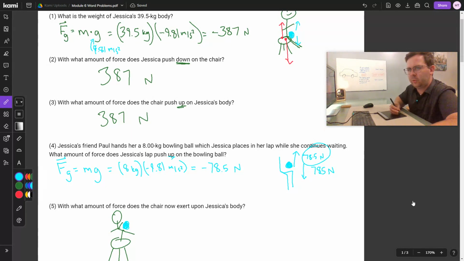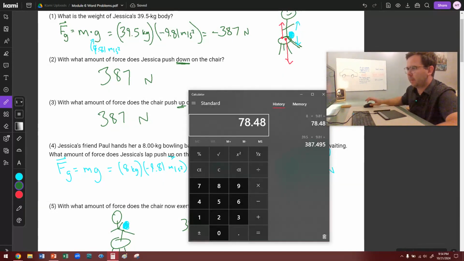But the chair has two things to support now. So there's a combined force of Jessica and the ball. So we need to figure out how much combined force that is. It's just going to be the weight of Jessica, which is 387 newtons, plus the weight of the bowling ball, which is 78.5 newtons. So we add those two together.